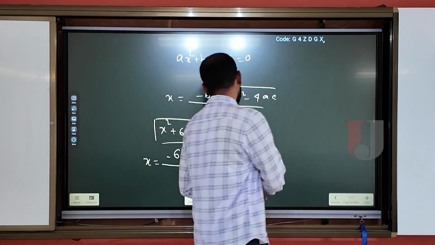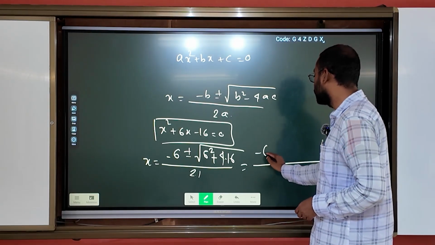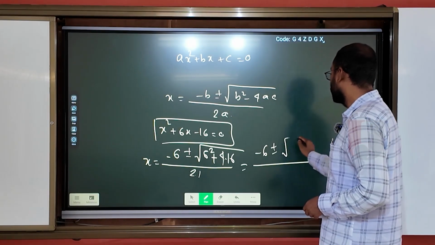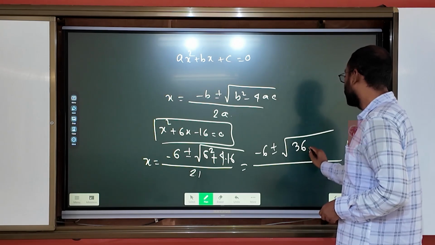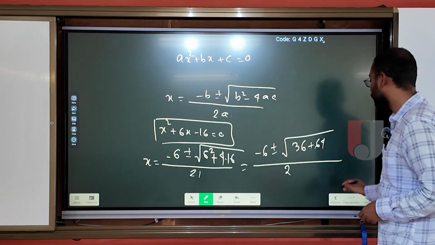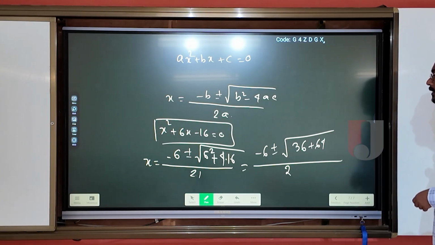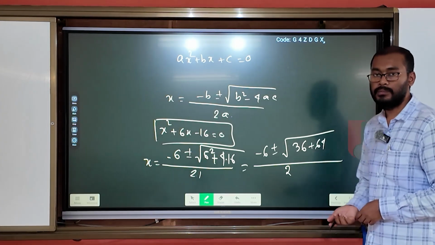If I simplify that, it will come minus 6 plus minus root over of 36 plus 64 divided by 2. 36 plus 64 is 100, and root over of 100 is 10.